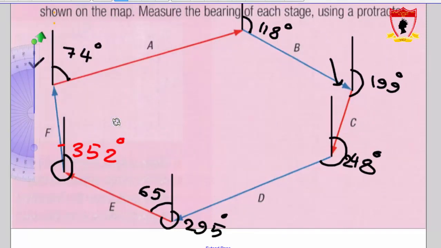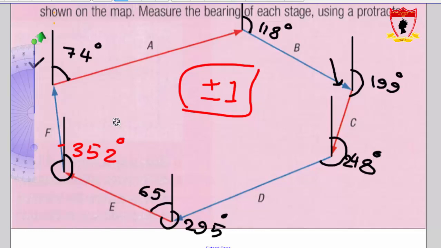In bearing, it's okay if you get one more degree. So it's plus or minus 1, meaning if it's 118 and you get 117 when you are measuring, not calculating. For calculating, you must get the exact bearings. But for measuring, when you are using a protractor, because not all protractors are exactly the same, plus or minus 1 degree is acceptable.